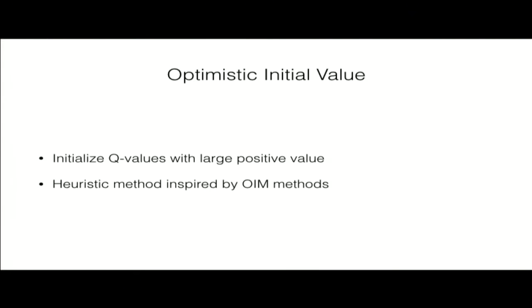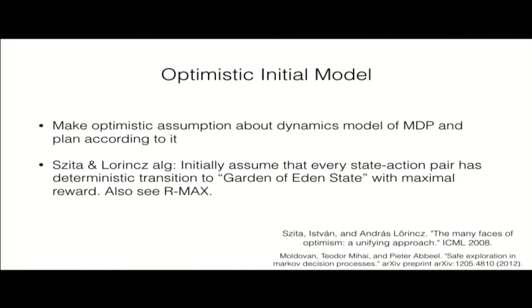So that's one general class of methods, which is mostly heuristic and inspired by the optimistic initial model methods, but more computationally tractable. With this kind of method, such as Rmax, you have a certain estimate of your model, and you solve for the optimal action, assuming that model is correct.